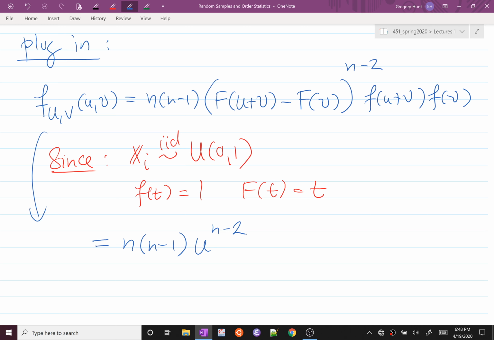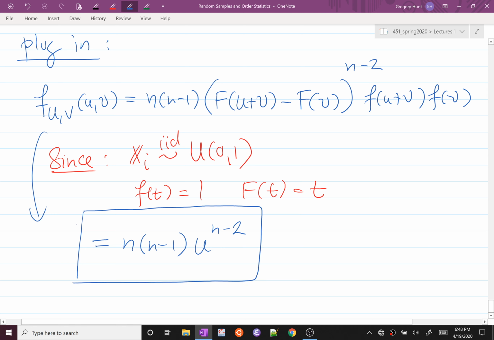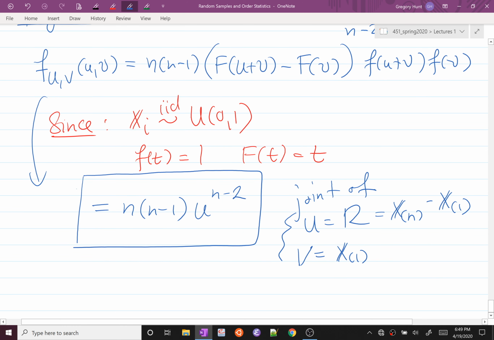So this, in the uniform case, is my joint of u, which was my range, that is x, the maximum minus the minimum, and v was my minimum. Okay. We don't actually care about that joint. What we really want is we want the marginal of u.